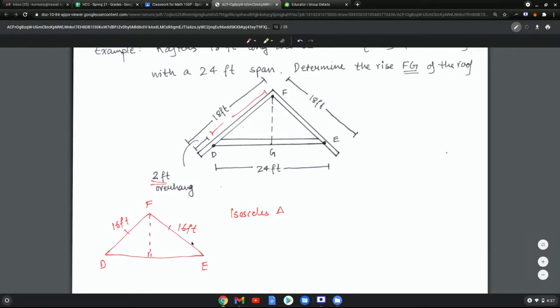Recall the words altitude, height mean 90 degrees, which means that these sides have to be equal. So DG equals GE, which further equals half of 24, which is 12 feet. Why? Because the altitude of an isosceles triangle bisects the base.